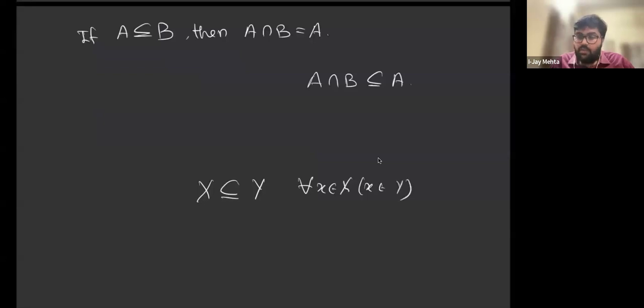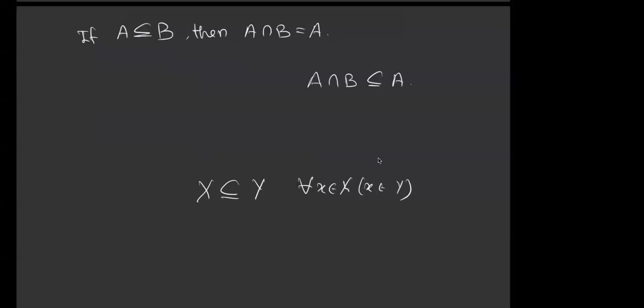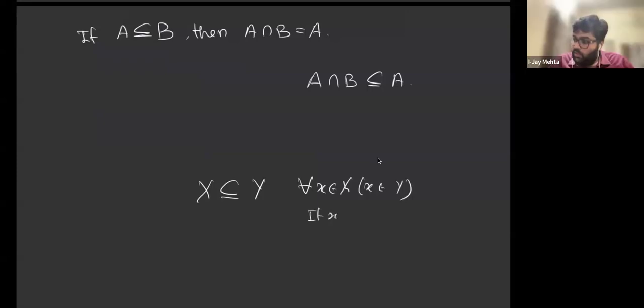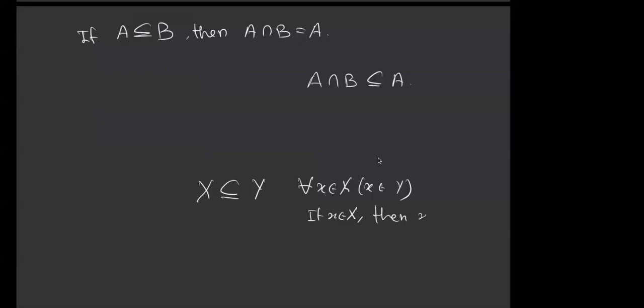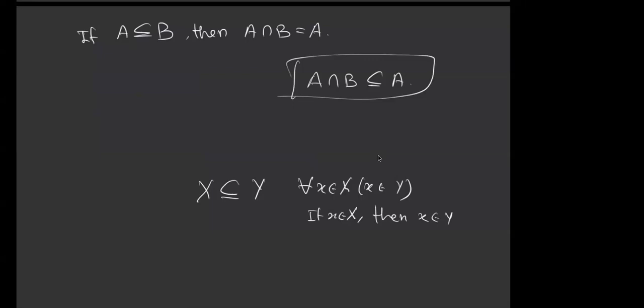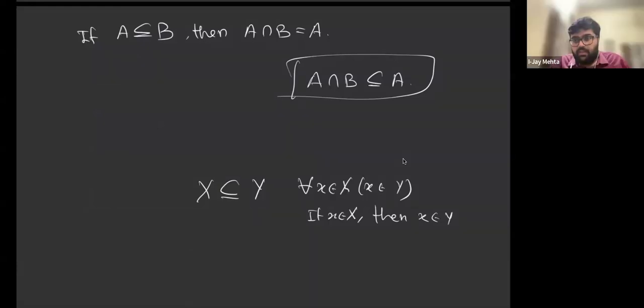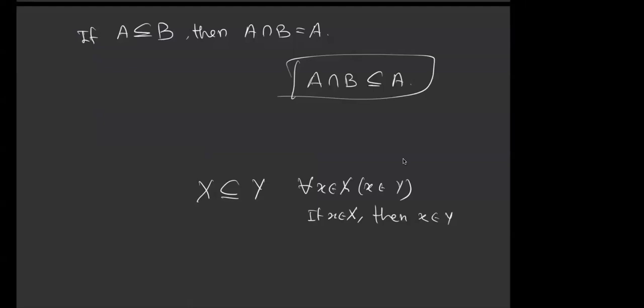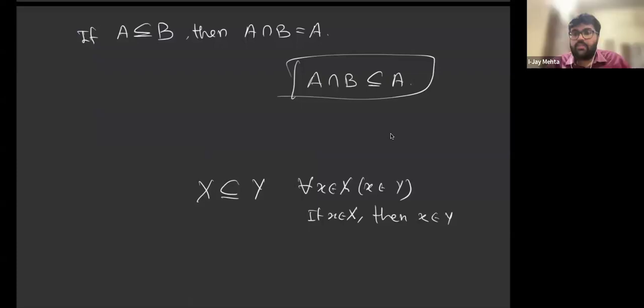Okay. So how do I show it? I can take any element from X, and then what do I have to show? Then X is in Y. Now can you answer this? So we have to take any element from A intersection B. What is your X here? A intersection B. Where will you take the element from? From A intersection B. Then what can you say?